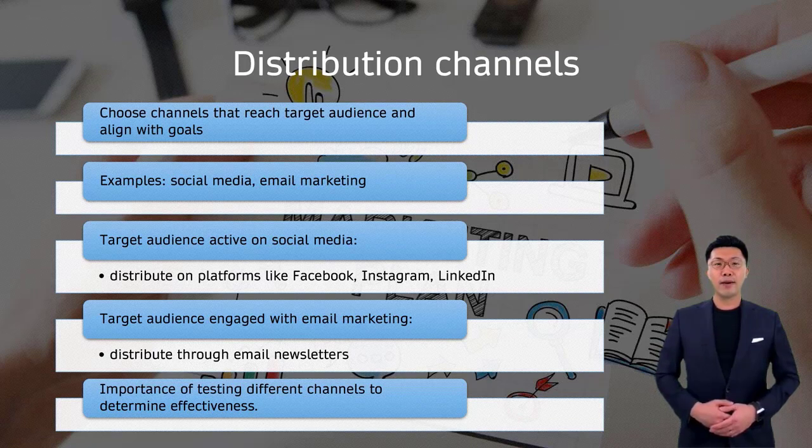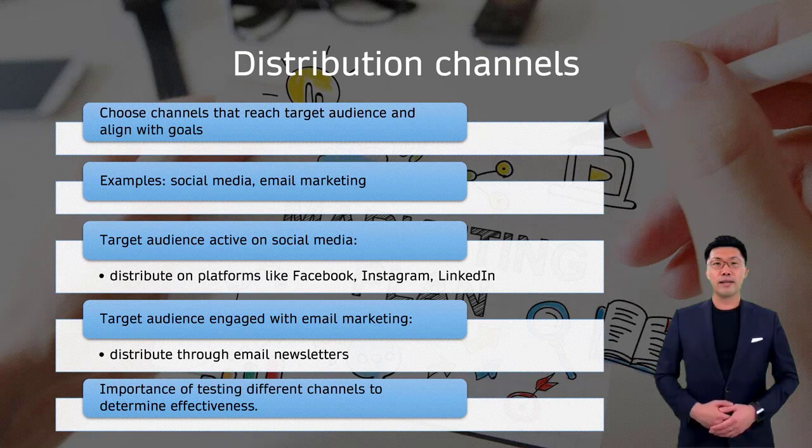For example, if your target audience is active on social media, you may choose to distribute your content through social media platforms like Facebook, Instagram, and LinkedIn. If your target audience is more likely to engage with email marketing, you may choose to distribute your content through email newsletters.